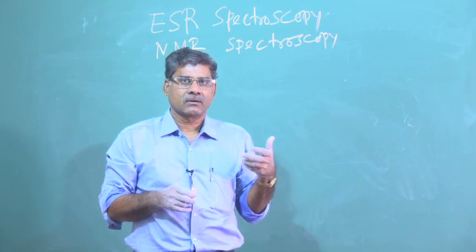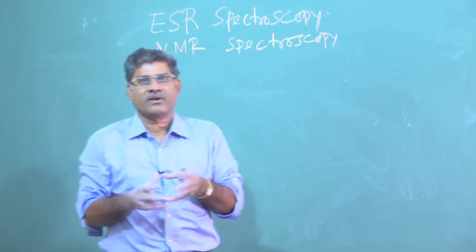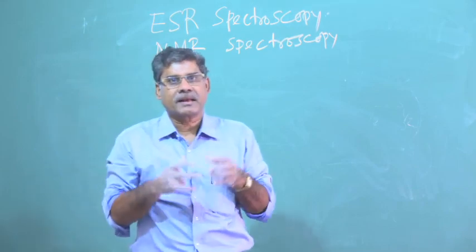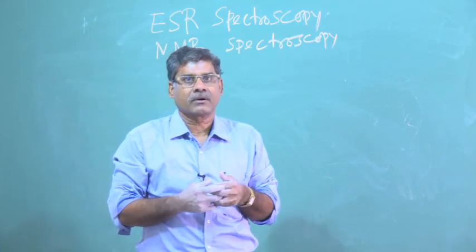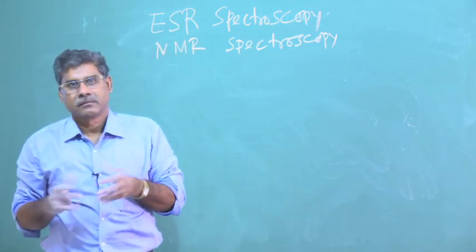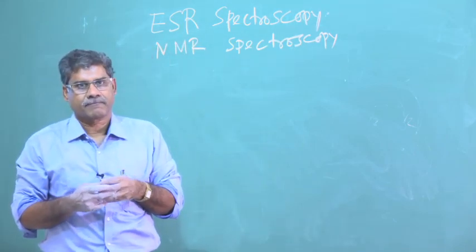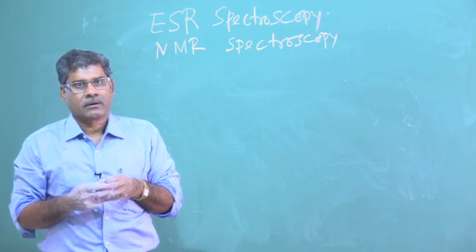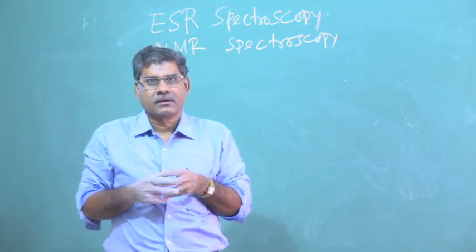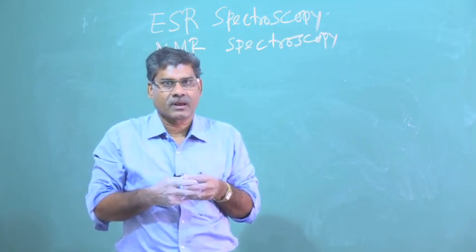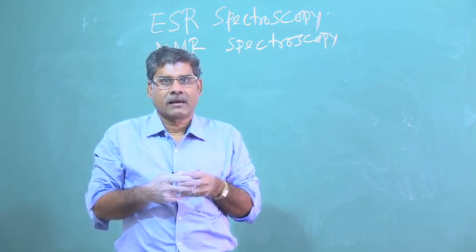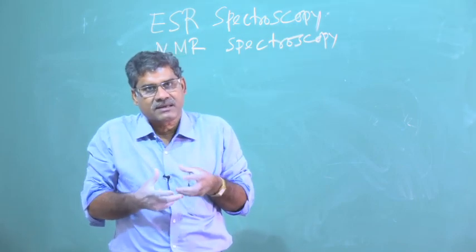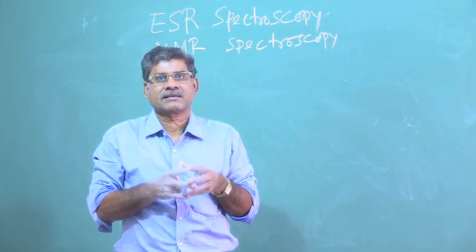Okay. So, now this interaction with the magnetic field is because of the magnetic moment of the electron or the magnetic moment of the nucleus. Okay. So, if you have a multi electron system, what will be the magnetic moment of this multi electron system?